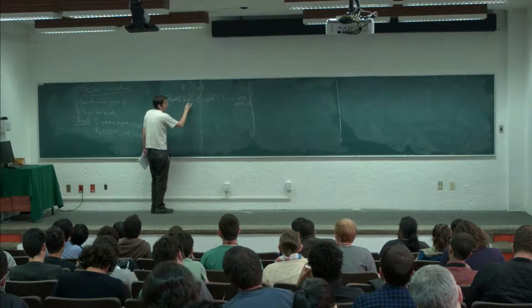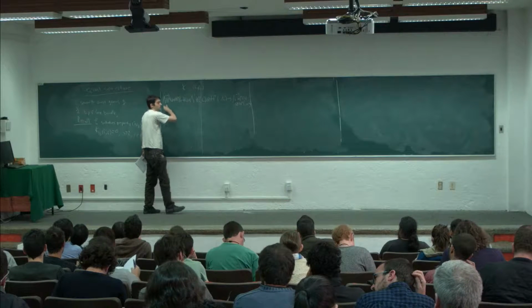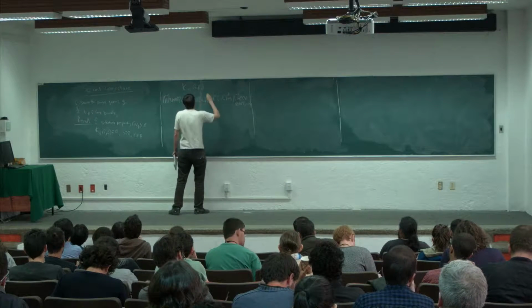The Koszul differential was defined last week, I'm not going to repeat it, but this K_{i,j} is a middle cohomology in this sequence here. Okay?